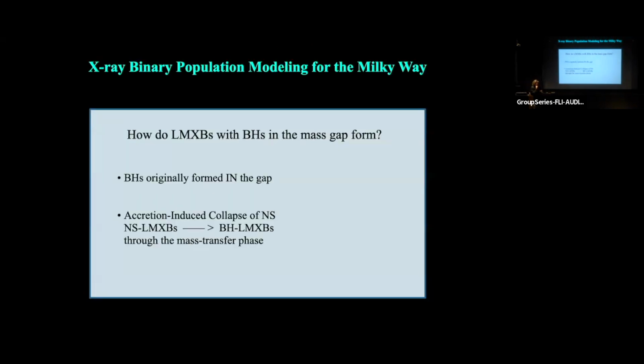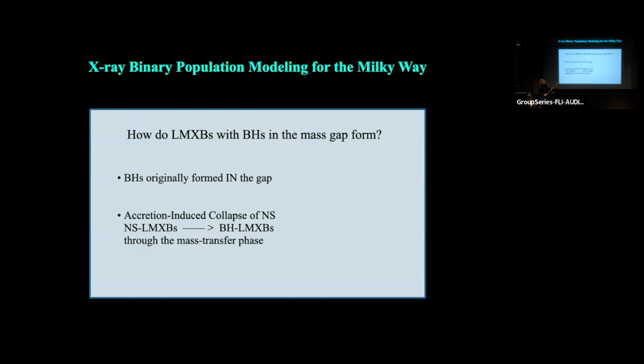Now, what we had not thought about, but it came out in the model, is that there are two ways to populate the gap. One is you form low mass black holes from the stars. The other is you form neutron stars in low mass X-ray binaries.